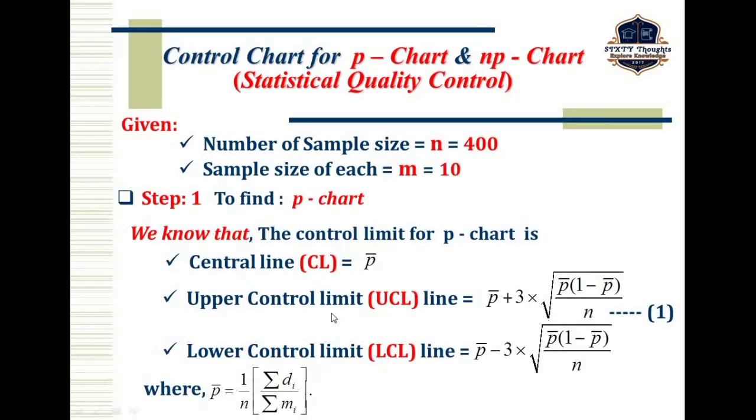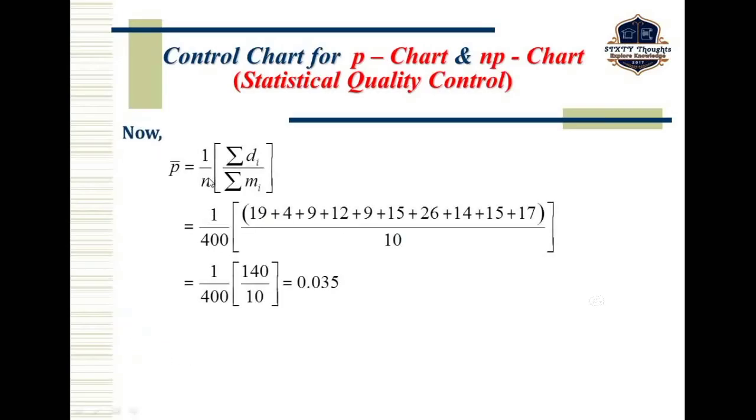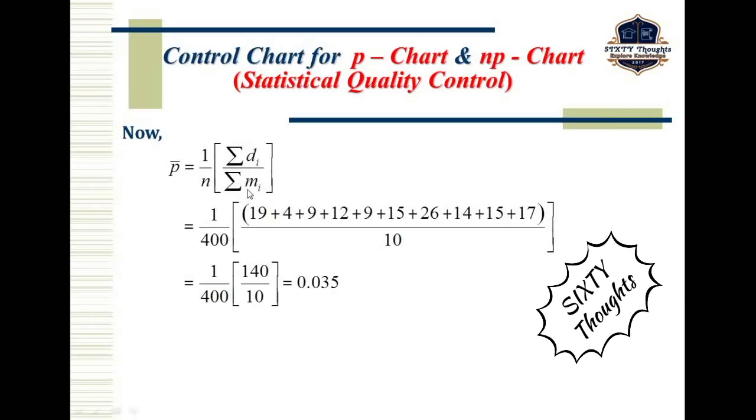From the given data, first I am going to find the P bar value. P bar equal to 1 by n into sum of di by sum of mi. Sum of di is adding the 10 sample defective values, divided by sum of mi, which is 10 samples. If you add all these 10 values, you get 140 by 10. Simplifying this expression, we get 0.035. This is the P bar value. Substitute the P bar value in equation number 1.